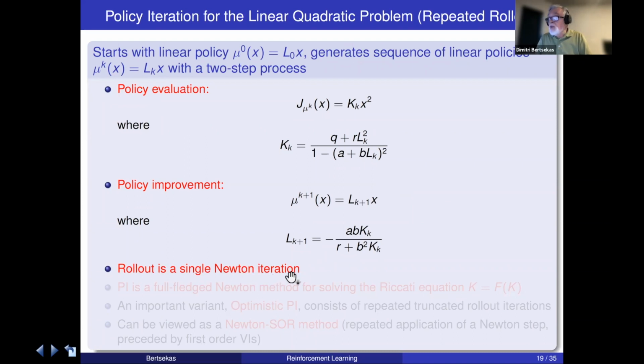Now, rollout is a single Newton iteration, and policy iteration is a full-fledged Newton method, a multi-step Newton method. Asymptotically, it solves the Riccati equation exactly, provided you started within its region of convergence.